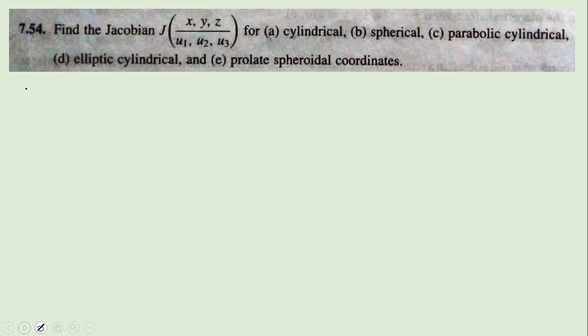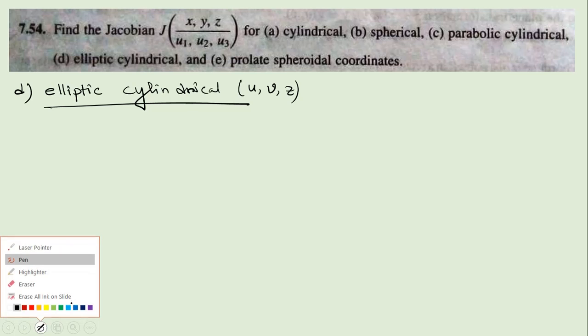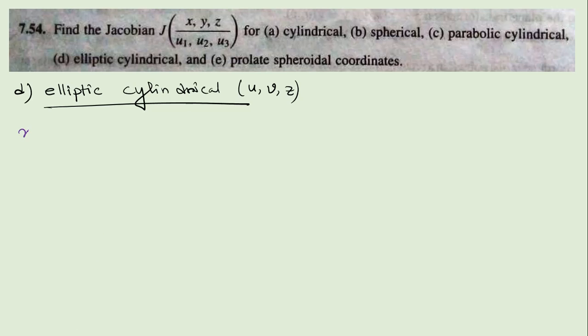D says elliptic cylindrical. For elliptic cylindrical, you know the coordinates are written as u, v and z, and the relations are x equals a cosh u cos v, y equals a sinh u sin v, and z equals z.